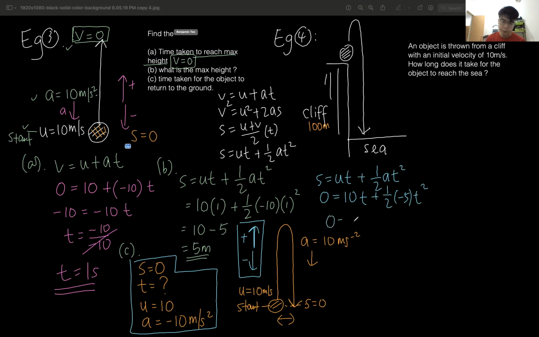Okay, so 0 equals to 10T. This one is minus 5. Oops. Minus 5 divided by 2, so it's minus 2.5 T squared.